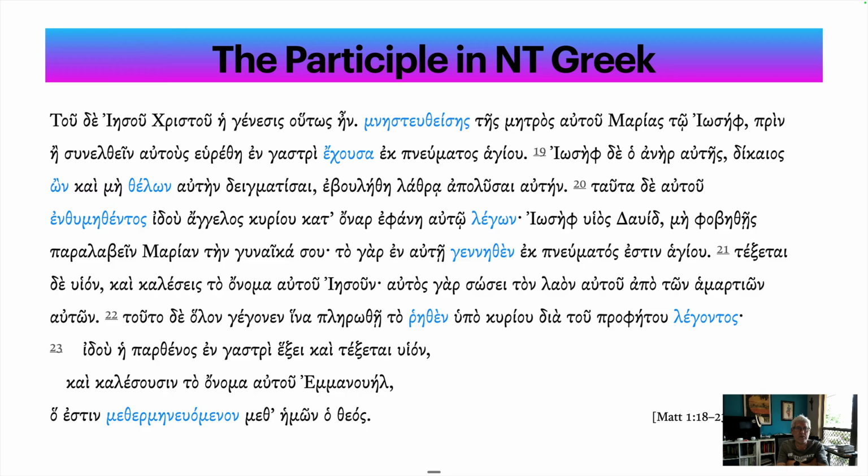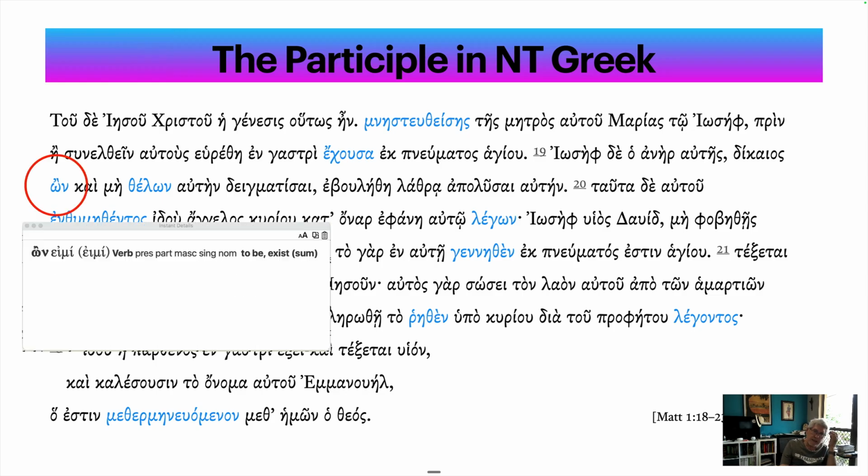I simply did a search on Accordance for the participle form of the verb in New Testament Greek, and I started working through the results, and I realized that we could actually use the same passage because there are quite a number of participles in that one passage from Matthew chapter 1. That's a reminder that these are very common forms in biblical Greek.